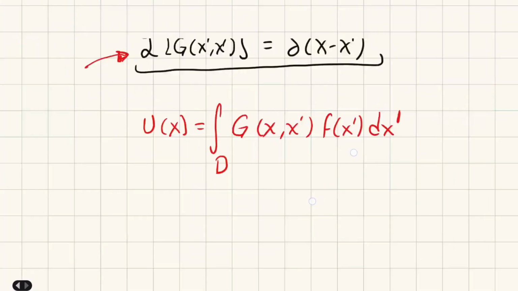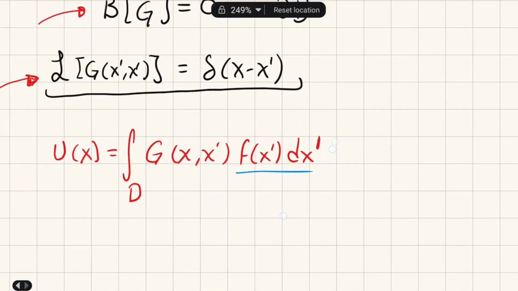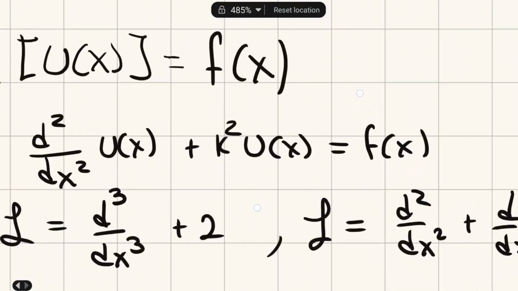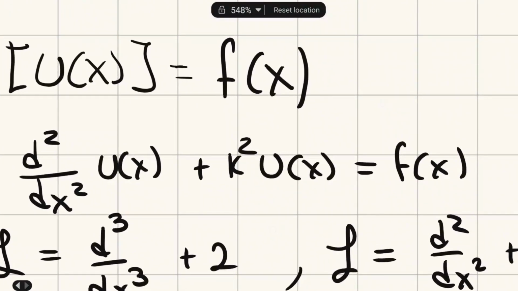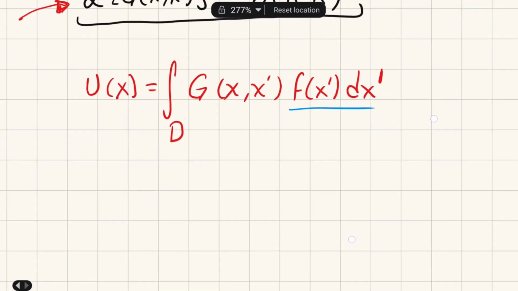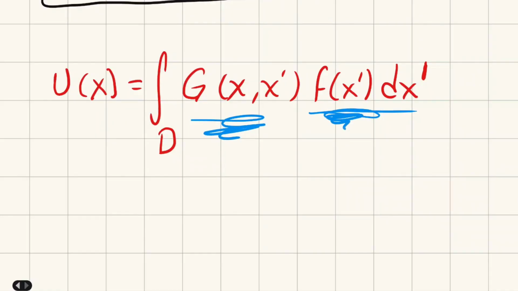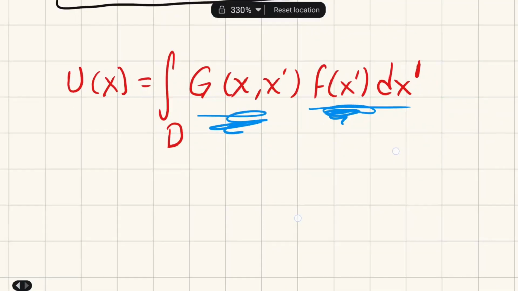prime dx prime. Notice this very important fact that we are including the function f that makes the differential equation not homogeneous. So the solution to the differential equation includes the Green function and the element that makes the differential equation not homogeneous.